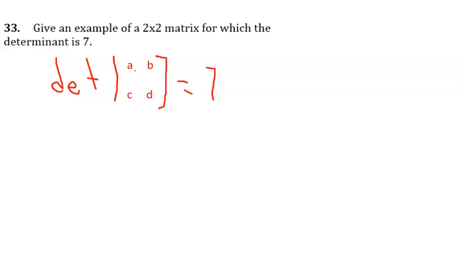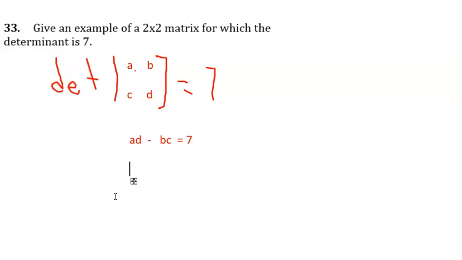So we could have lots of different things. But what we do know is that A times D minus B times C equals 7. And we could just plug in some numbers.